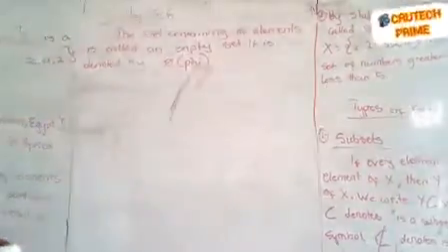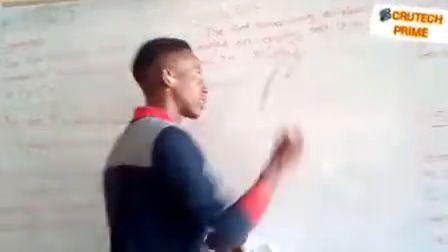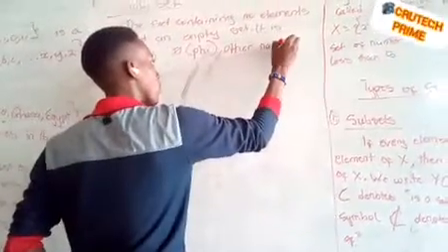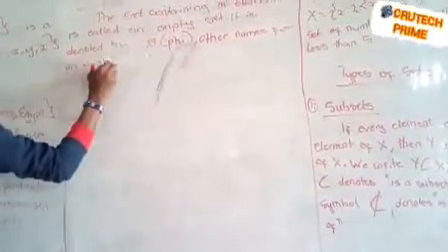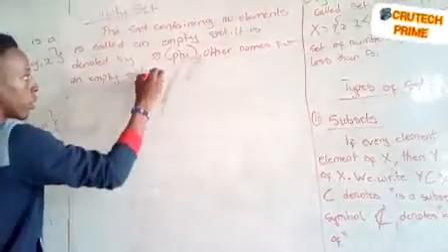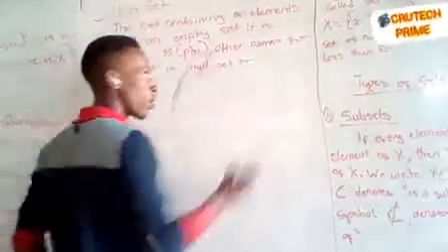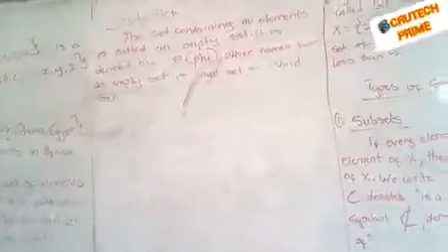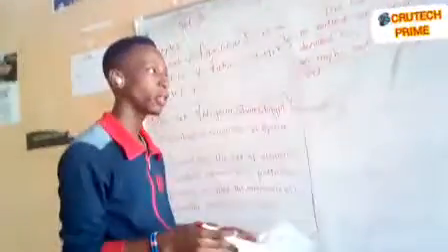Other names for an empty set are no set or void set.